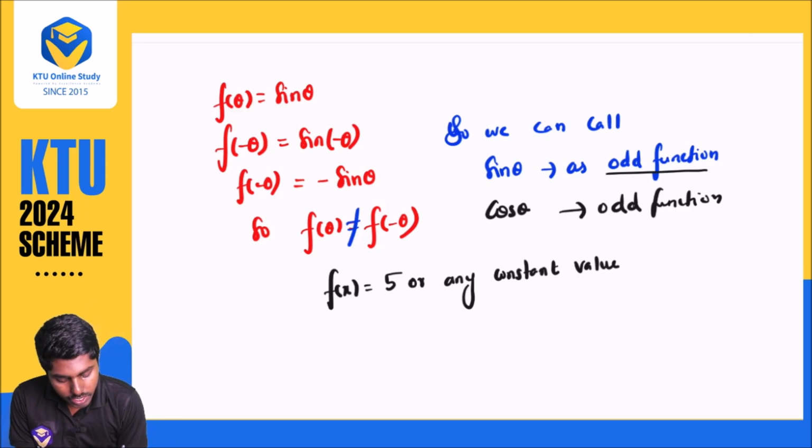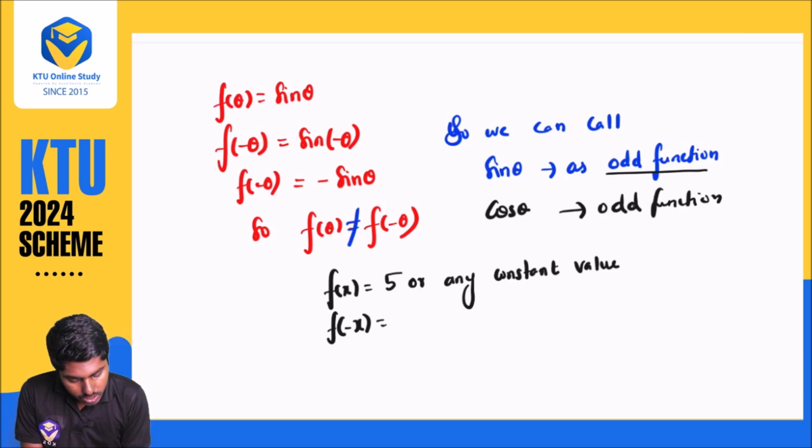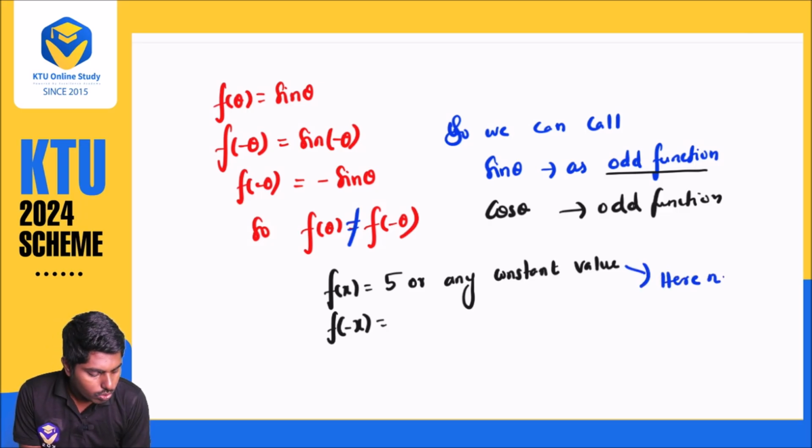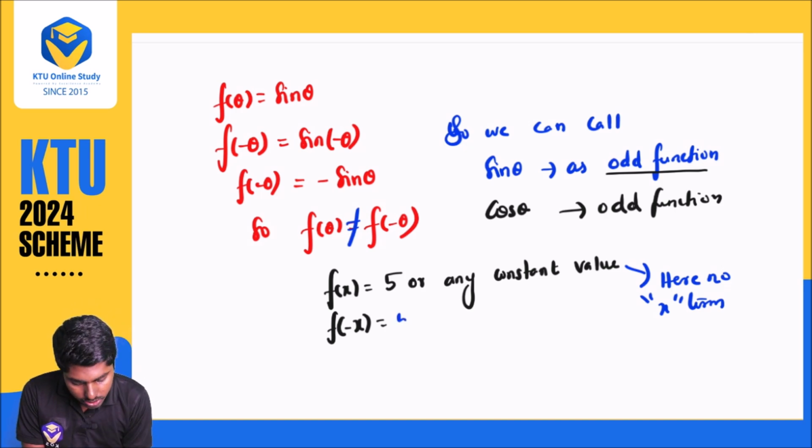If you replace x with minus x, what is f of minus x? No x term is there, so it is also nothing but 5, or any constant value.